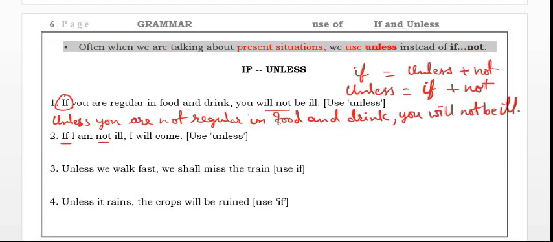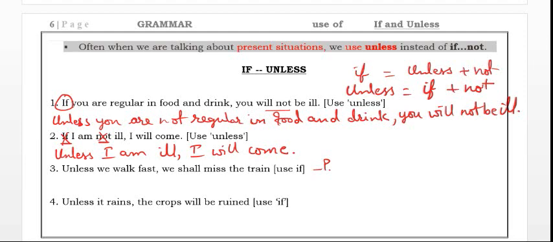So unless is equal to if plus not. So I will remove if and I will remove this not. Unless I am ill, I will come. This is the answer.